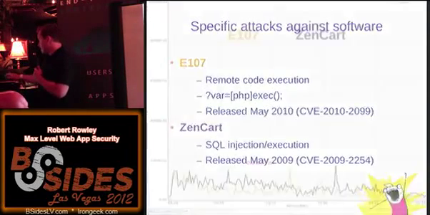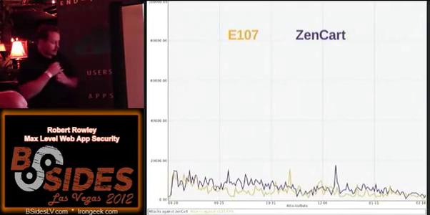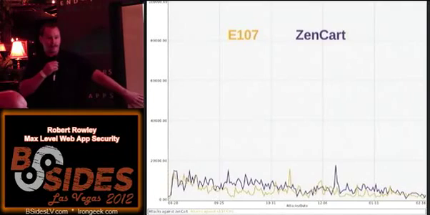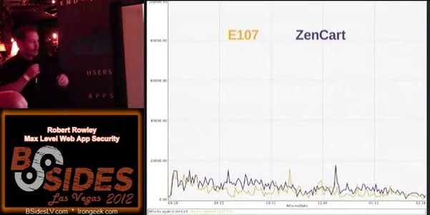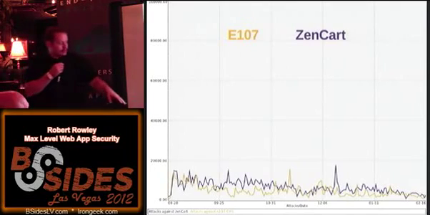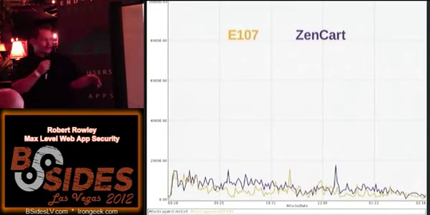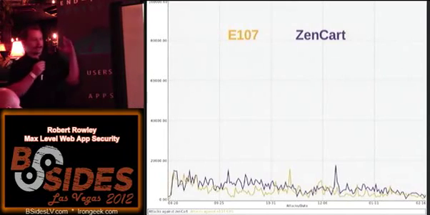But these two attacks, even in 2011, which is when this graph starts in August 2011, going on to March 2012, the average attacks are still around 10,000 per day for each one of these known exploits. These exploits are 2-3 years old, and they're still attempted to be compromised every single day.